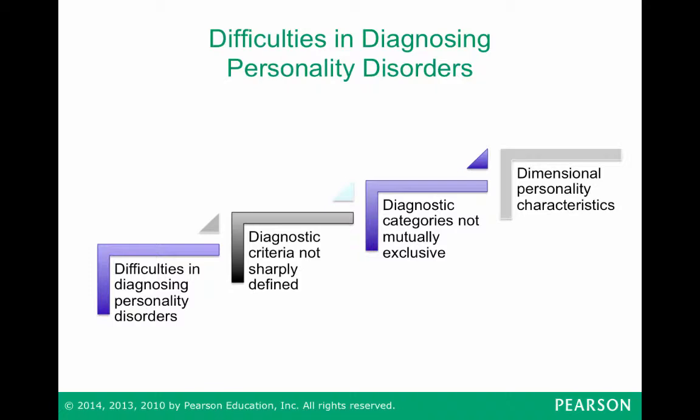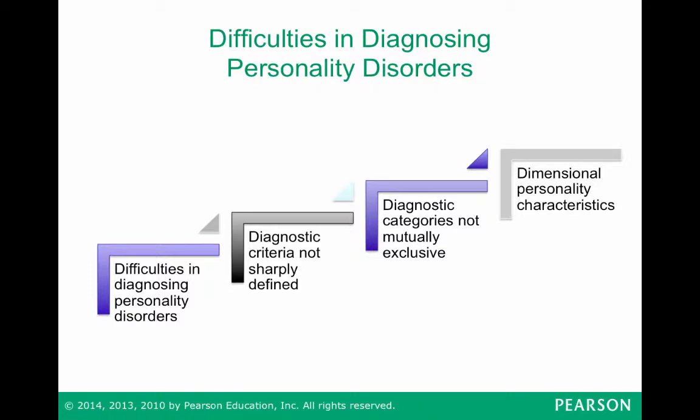Like I said, there's difficulties in diagnosing the personality disorders. One, the diagnostic criteria is not sharply defined. Like I said, usually we see several disorders occurring at the same time, and so it's hard to know what came first or what caused what, and therefore the diagnostic categories are not mutually exclusive.